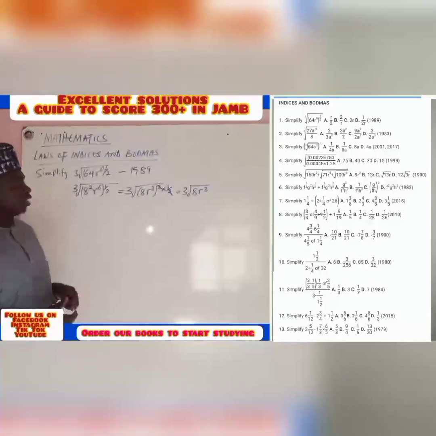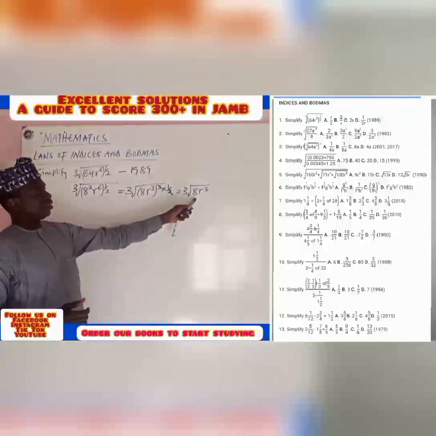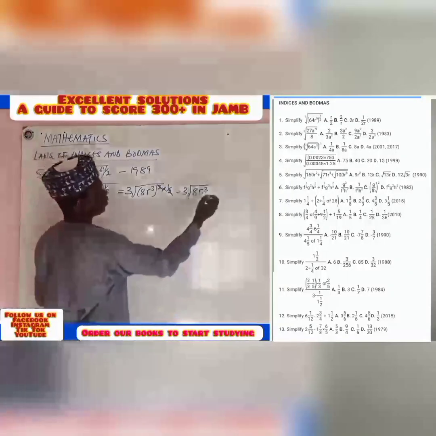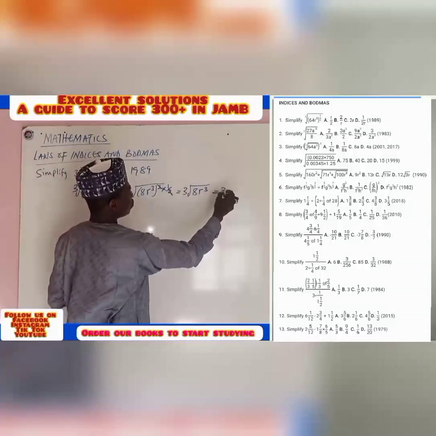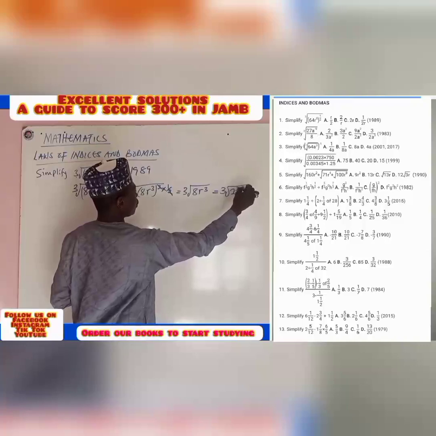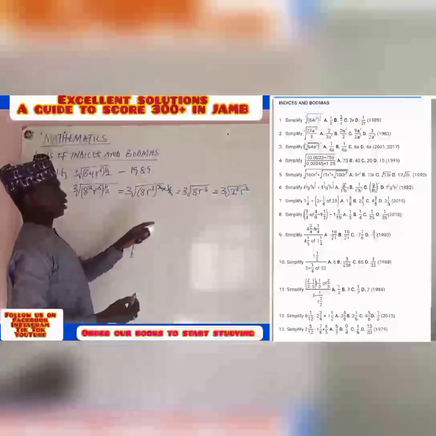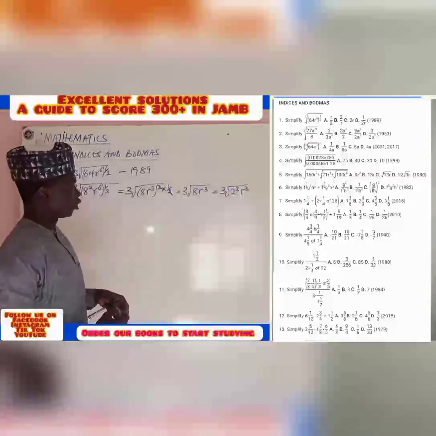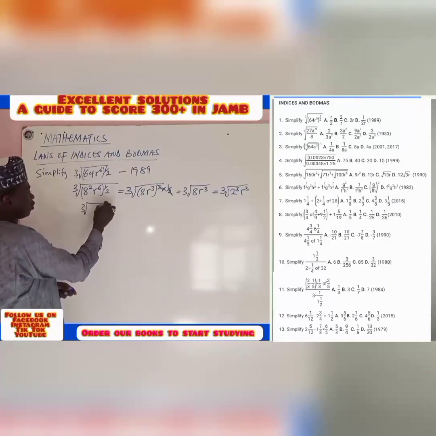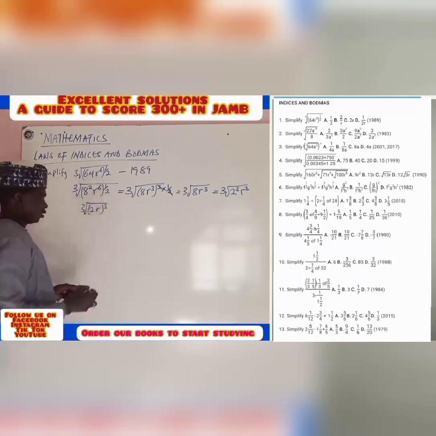If we look at this, this 8 is also the same as 2 raised to the power of 3. So this can be reduced into the cube root of 2 power 3 r power 3. This 3 is common to both 2 and r, so we can reduce this as the cube root of (2r) all power 3.